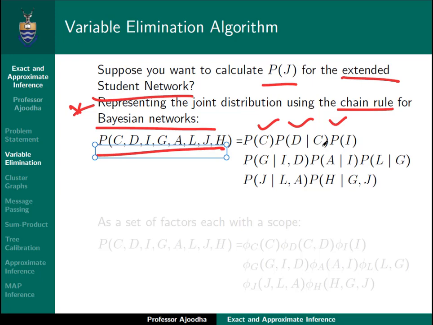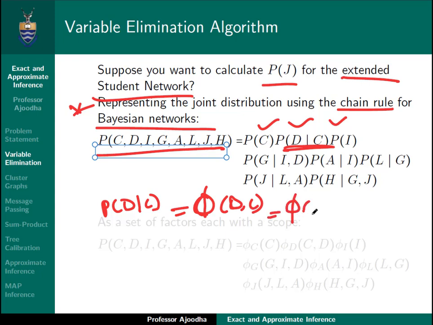And I told you in the previous lecture that sometimes it's useful to think of these probabilities as factors. So instead of representing, for example, P of D given C, we just represent it as a joint scope. So it becomes D and C, or C and D. The order doesn't matter.